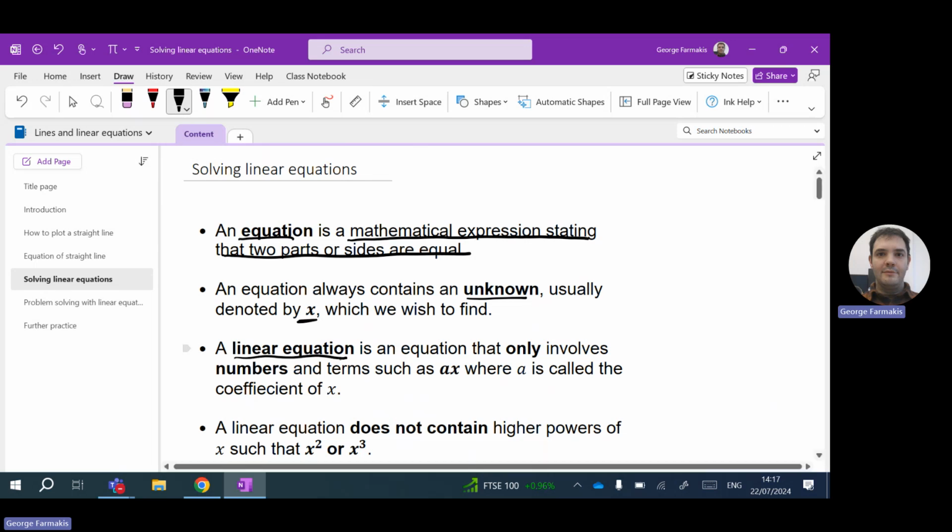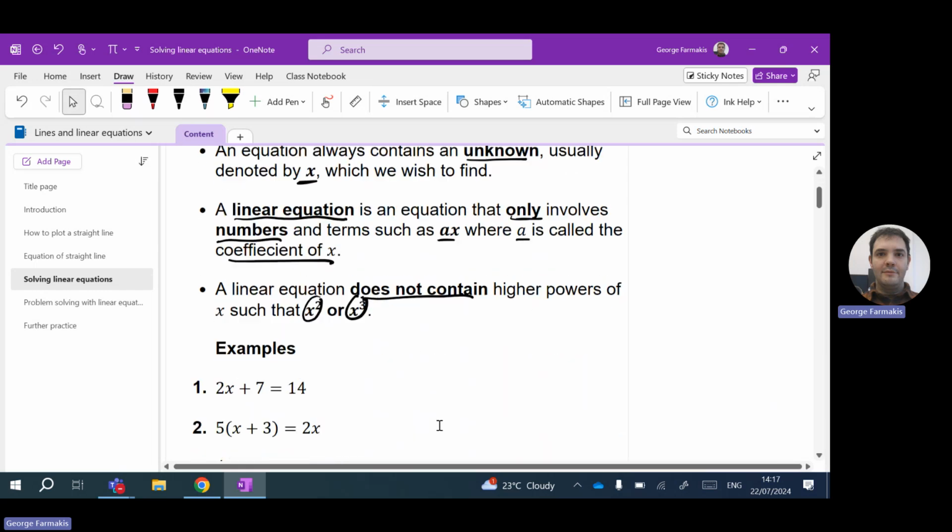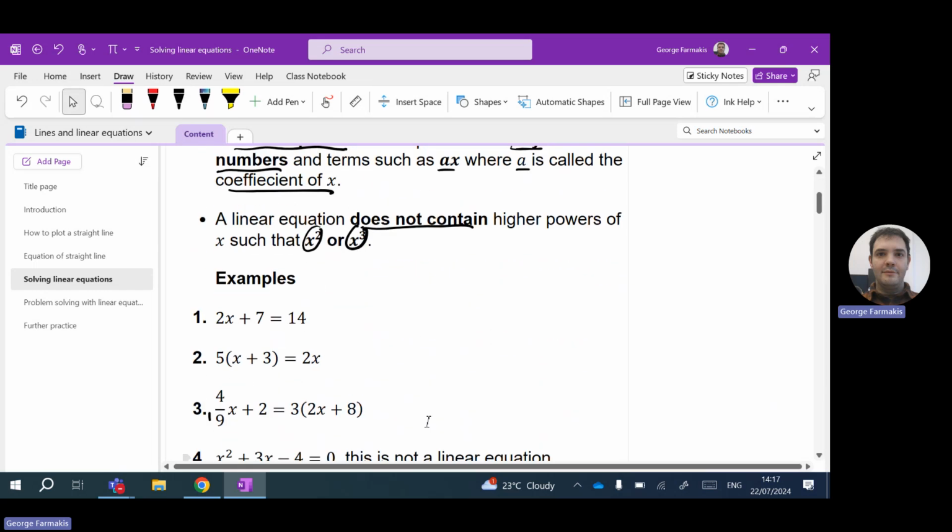Now, a linear equation is an equation that only involves numbers and terms such as a times x, where a is called the coefficient of x. A linear equation does not contain terms such as x squared, x cubed, or square root of x. For example, this is a linear equation. We only have constants and terms of the form ax.